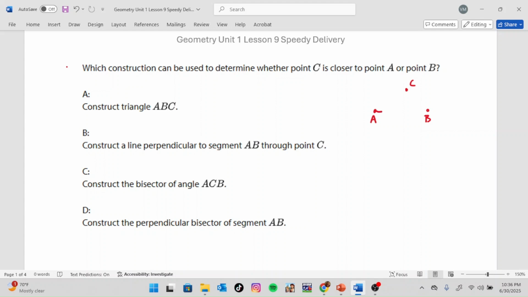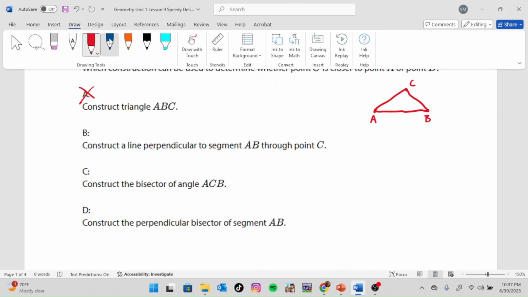Okay, well, if I go ahead and I draw this triangle ABC, this doesn't really tell me anything about whether this point is closer to A or B. I just have a random triangle that's not really giving me any information. So A would not be the correct answer.